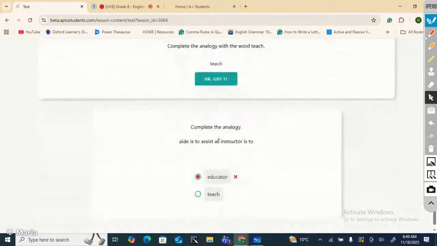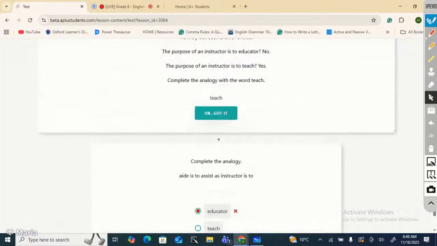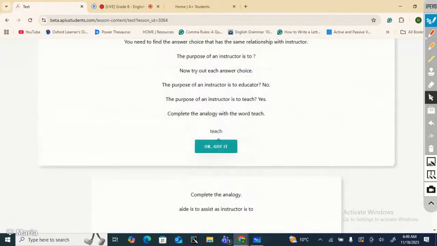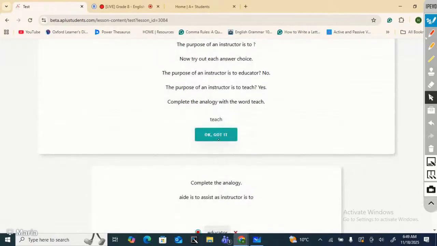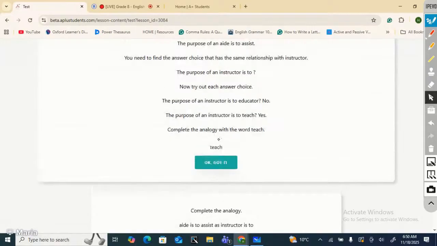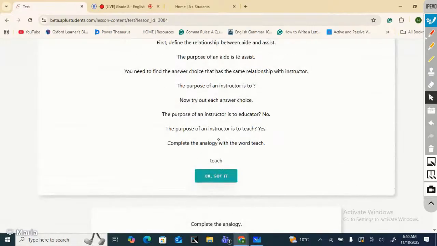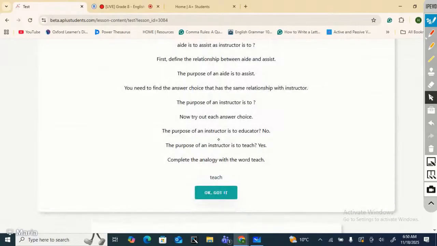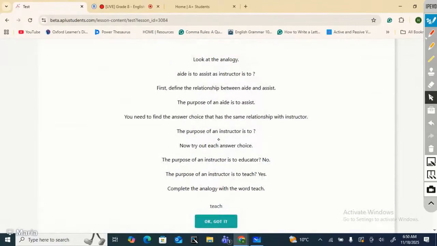Okay, aid is used as a noun. A person, hmm, the purpose of an instructor. So the relationship, look at this. Aid is to assist as instructor is to. So the relationship between aid and assist is the purpose of an aid.